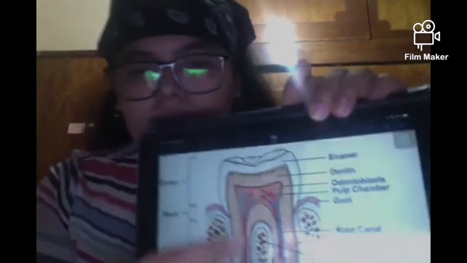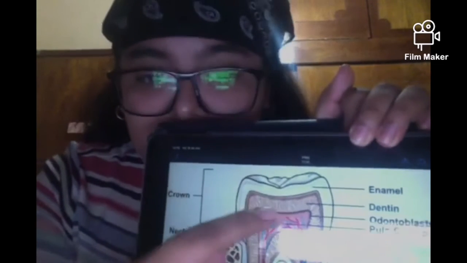Now, the dentine. This is enamel and this is dentine. The dentine is located underneath the enamel, and it surrounds not only the enamel but also the root. It's responsible for the color of the teeth, and in addition, it contains numerous tubules lining the pulp. And these are the tubules.